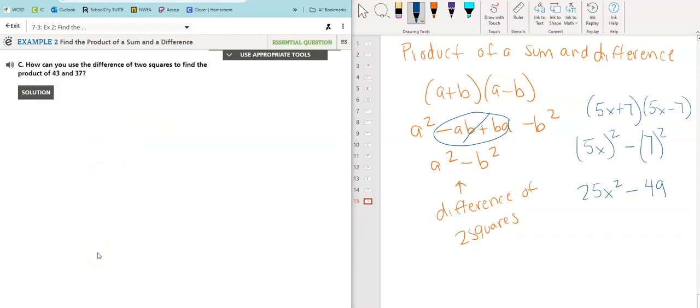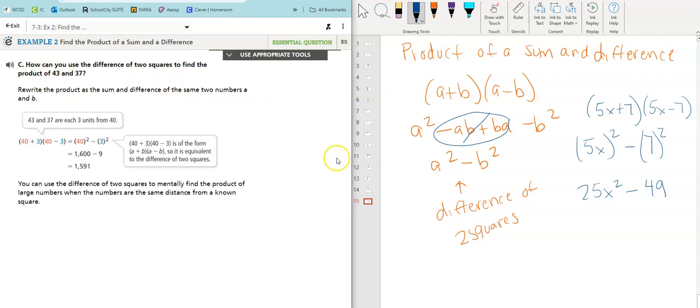And again, we're now going to use this new tool that we have to apply it to something that we might use in the real world. So how could we use the difference of two squares to find the product of 43 and 37? Well, just like the last one, you probably guessed it, we're going to rewrite our numbers as a product of a sum and a difference, right? So 43 is 40 plus 3, and 37 is 40 minus 3.